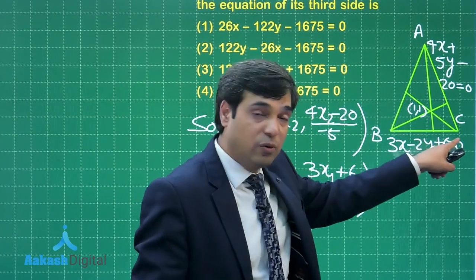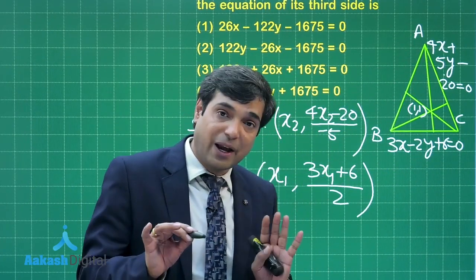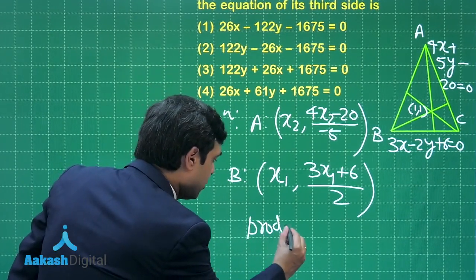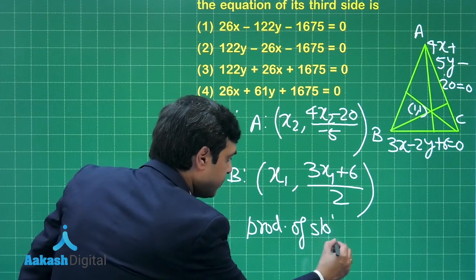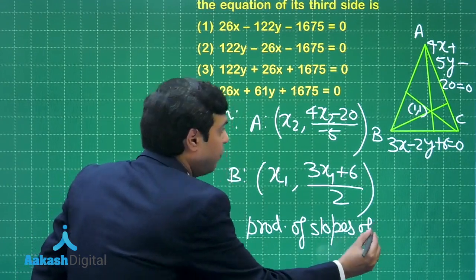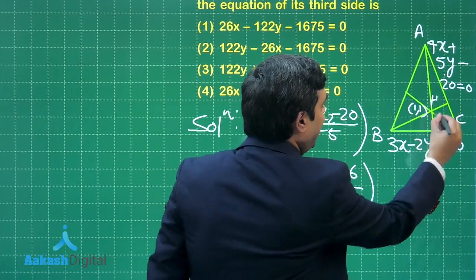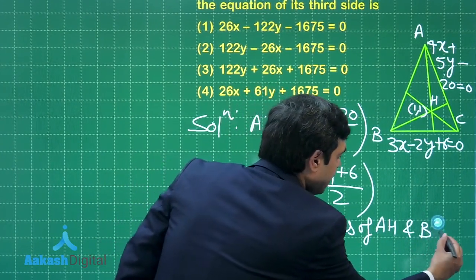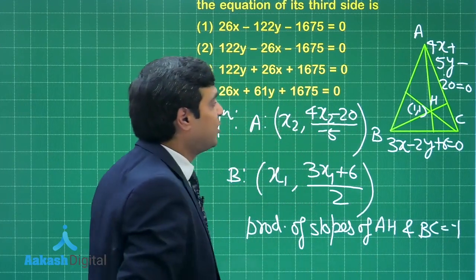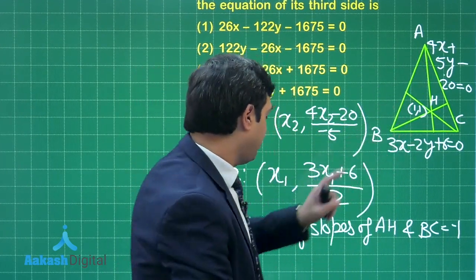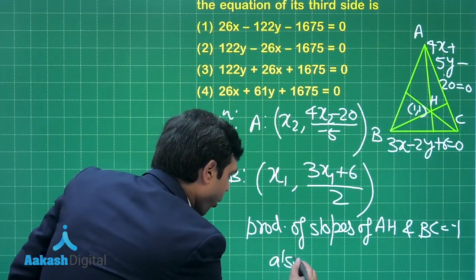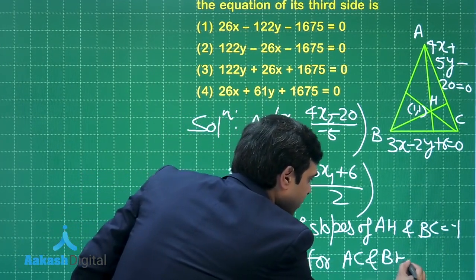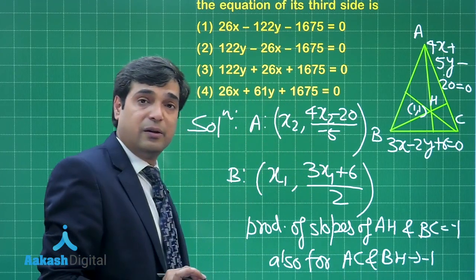This line is perpendicular to it, so the product of slopes is minus 1. The product of slopes of AH and BC is minus 1, where H is the orthocenter. Similarly, for AC and BH, it's also minus 1.